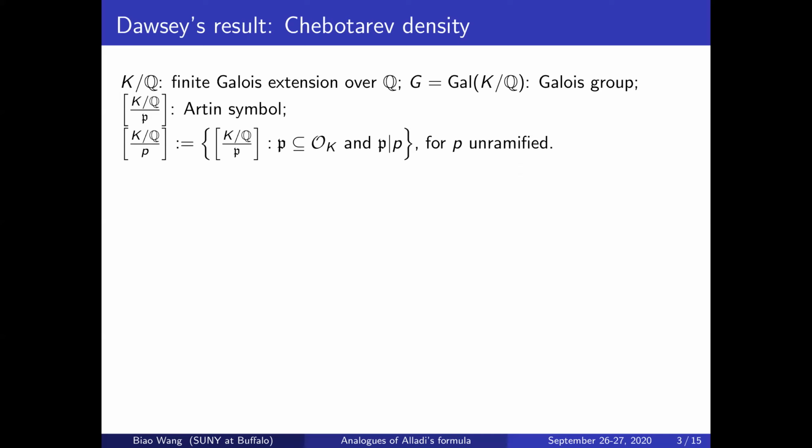And then K over Q over small p is the collection of the Artin symbols for script P that lie over small p, for unramified p. So this collection is a conjugacy class of the Galois group G.